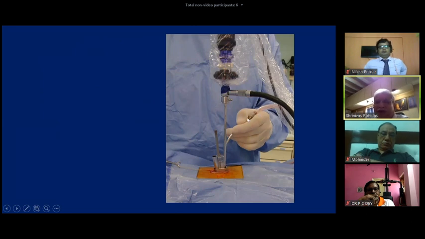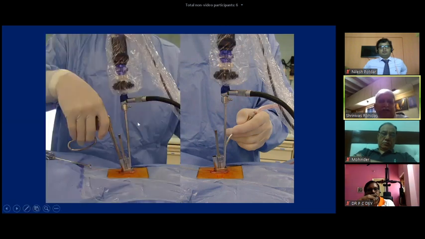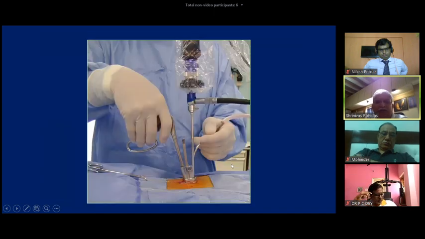Then we use suction in the left hand to stabilize the system. This is the second stabilizing force, with the instrument in the right hand. No holder is required because this is a mobile system. Then we use two hands, just like in open surgery, with an angle of 12 degrees.